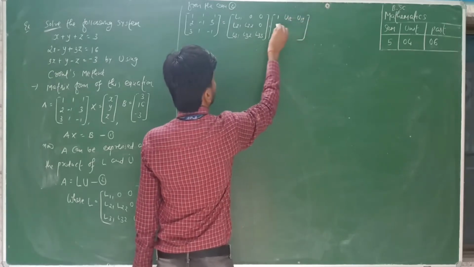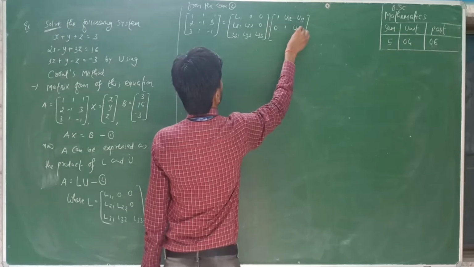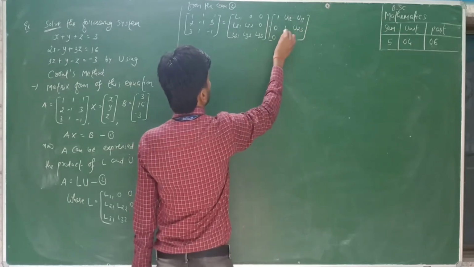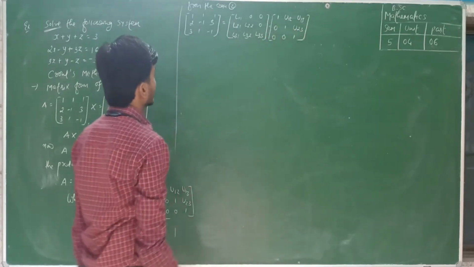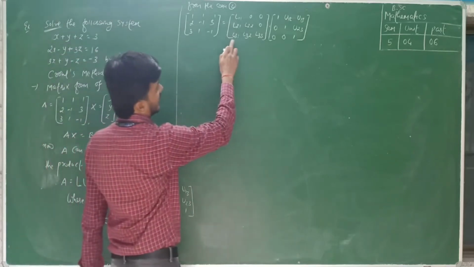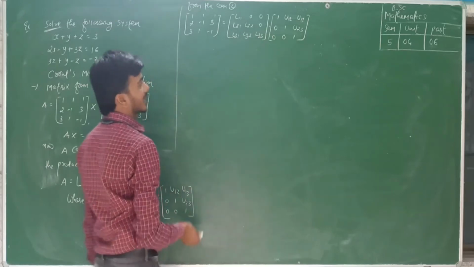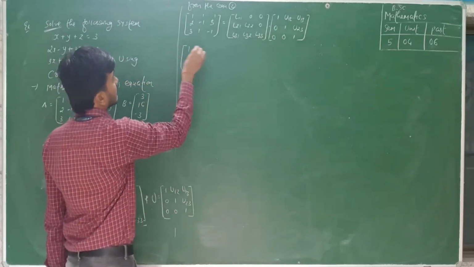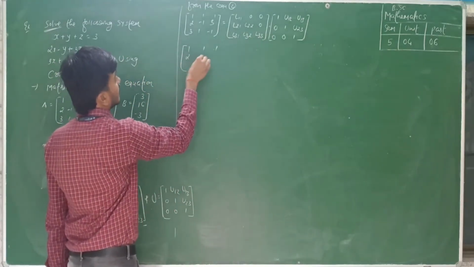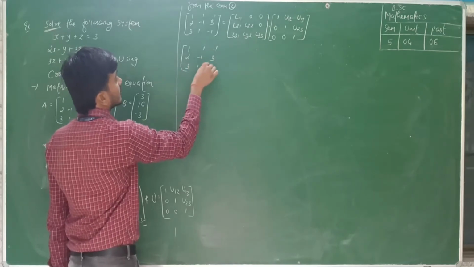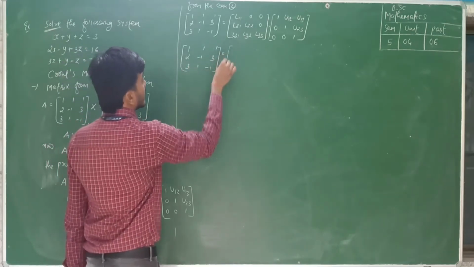Because L is the lower triangular and U is the unit upper triangular matrix.